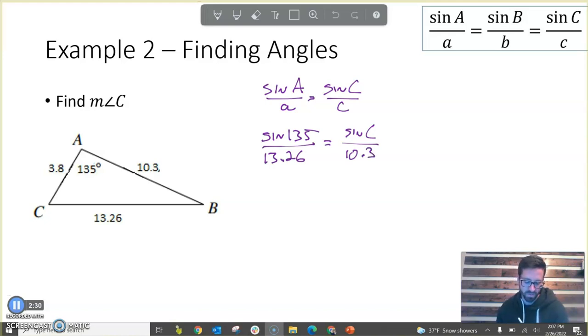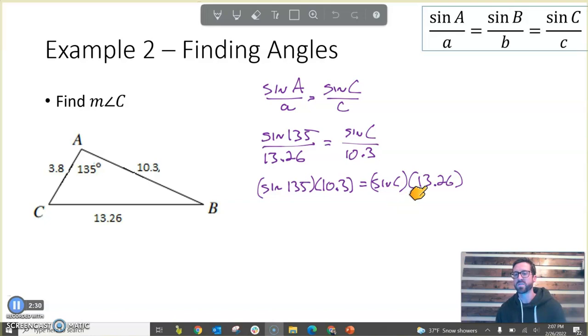Now, once again, I'm going to cross multiply real quick to solve. So sine of 135 times 10.3 equals sine of C times 13.26. And then from here, we're trying to solve for sine of C. So I'm going to divide by 13.26 on each side.